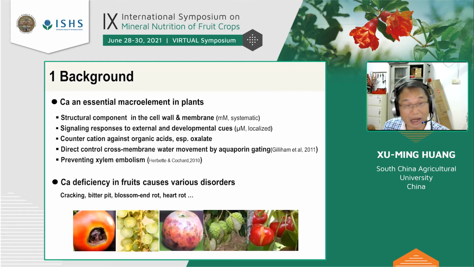You all know that calcium is an important, essential macroelement in plants. And calcium has many functions. Calcium deficiency in fruits causes various disorders, including fruit cracking, bitter pith, blossom rot, and heart rot.